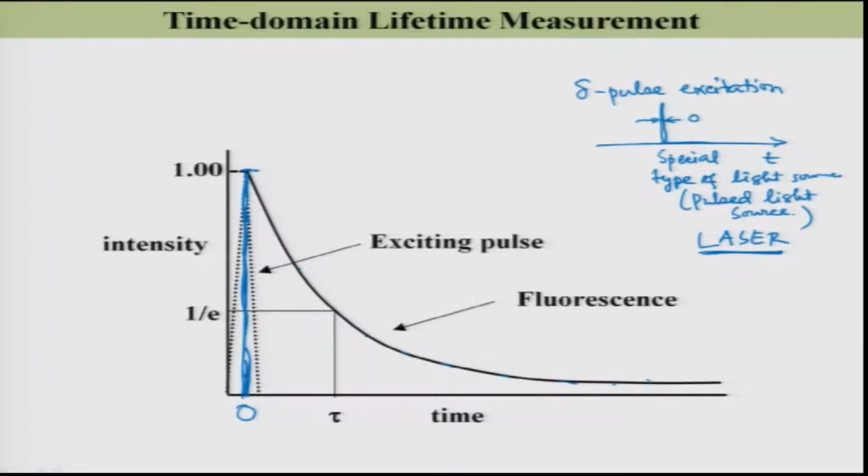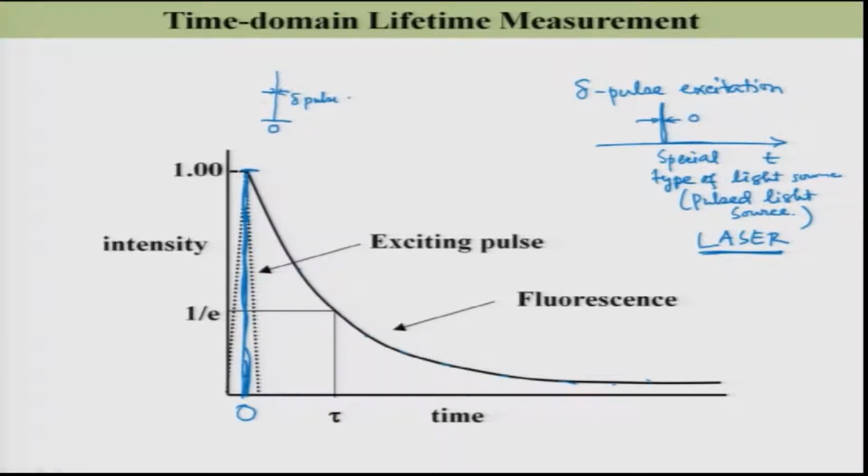On the other hand, if you use a broad light pulse for the excitation, what will happen? Just briefly I am drawing it over here. Suppose you are exciting with a delta pulse. This is my 0 time.